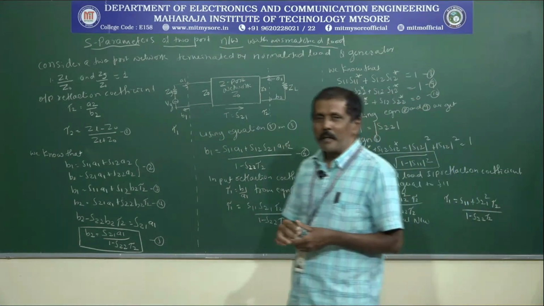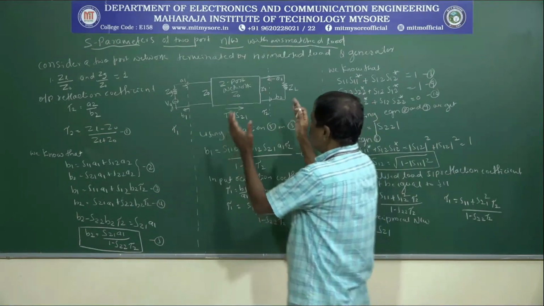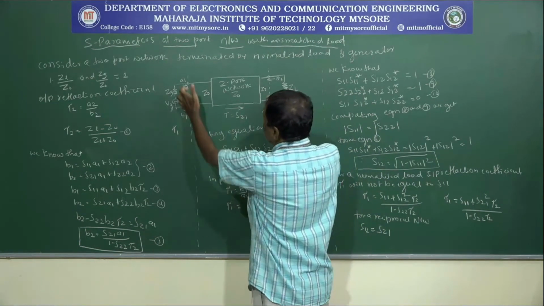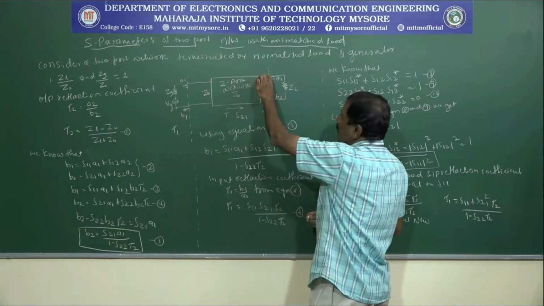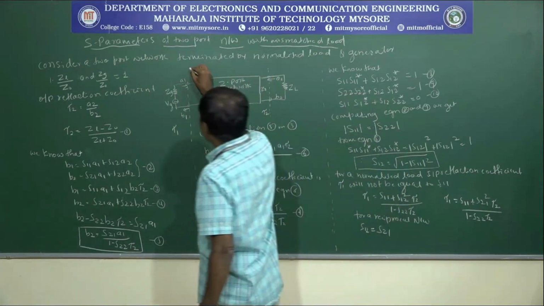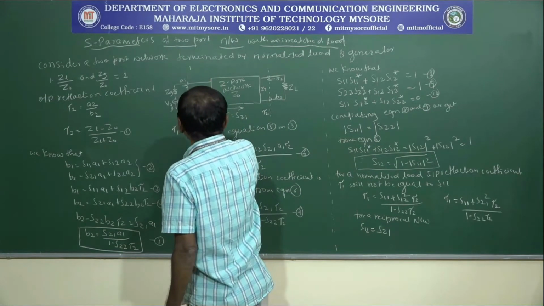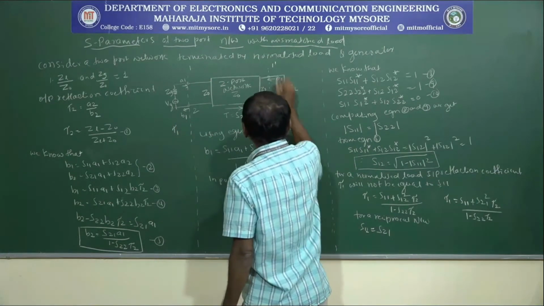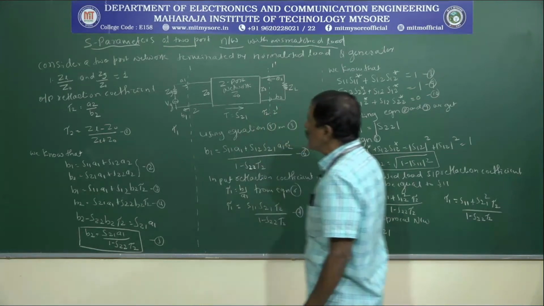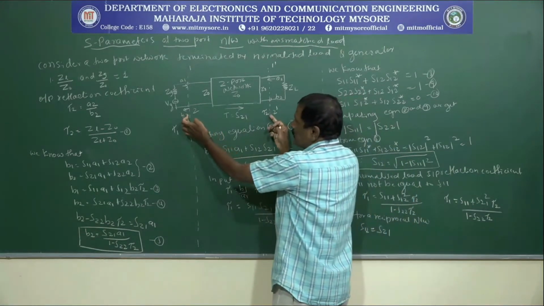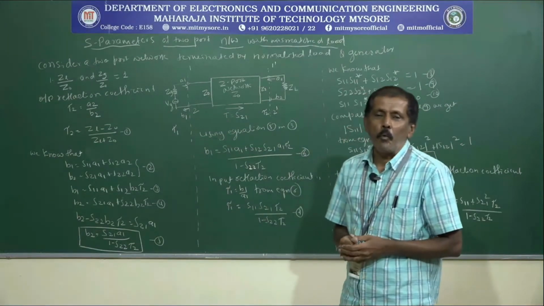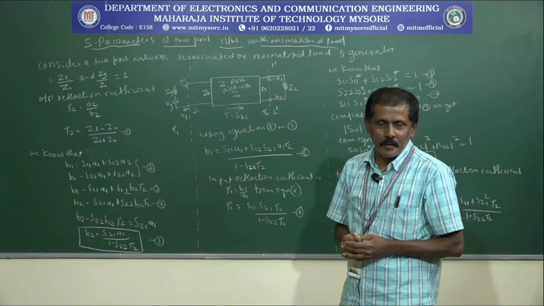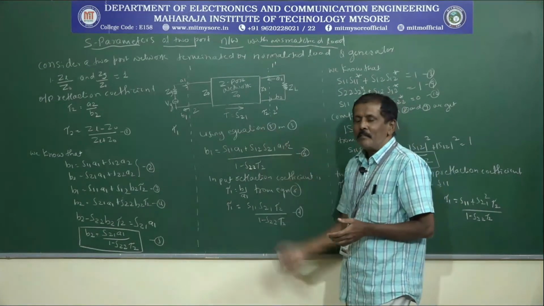As you know from the previous class, here we have this plane and another plane at this point. This is 1 and this is 2, and this is 1 dash and I will call it 2 dash. The separation between these two planes is more than one wavelength.